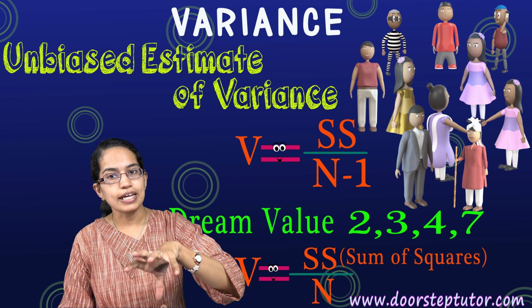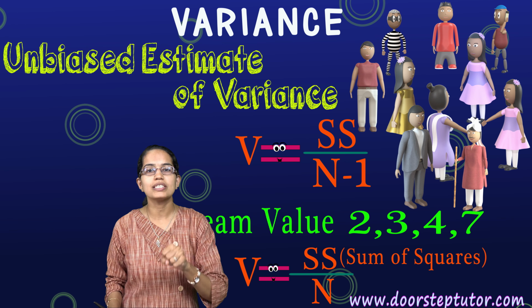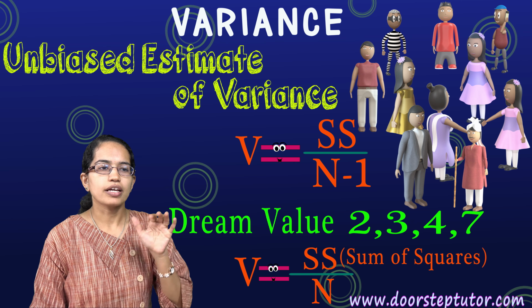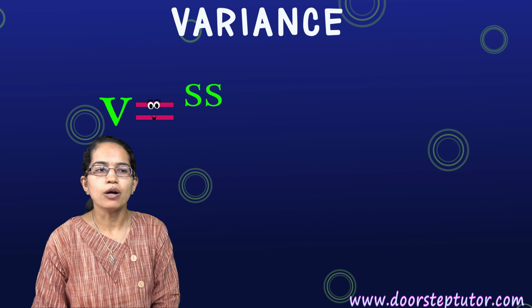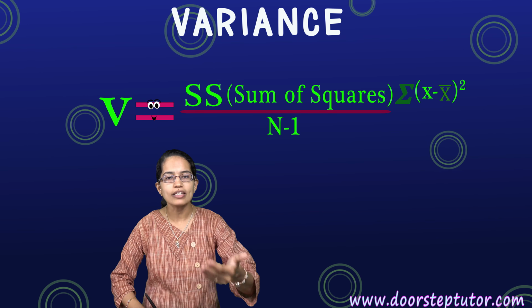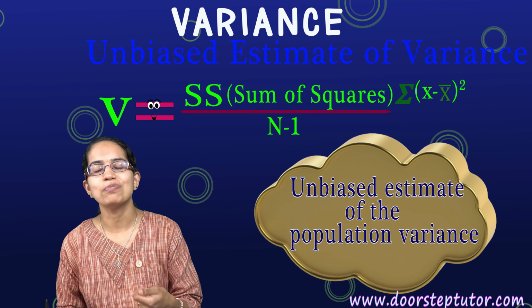Now when I am sampling 10 people, the variance obtained from the sample would be less than the true variance. Therefore, in order to neutralize that, we divide the sum of squares by n minus 1. That's one of the ways we get an unbiased estimate of population variance.